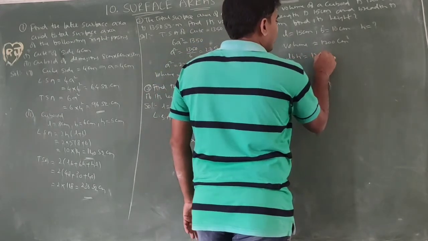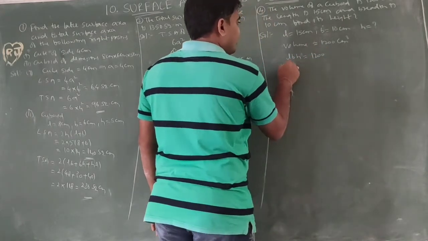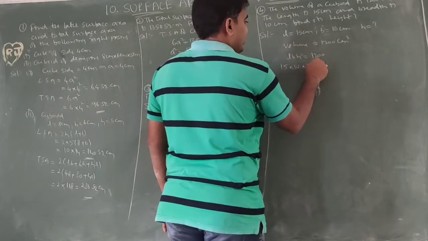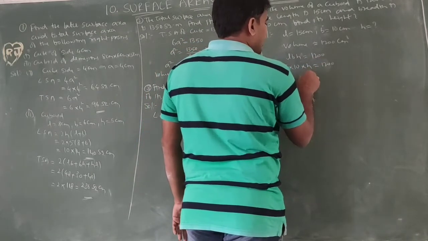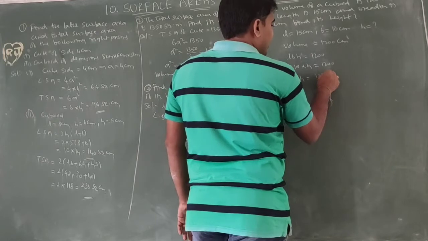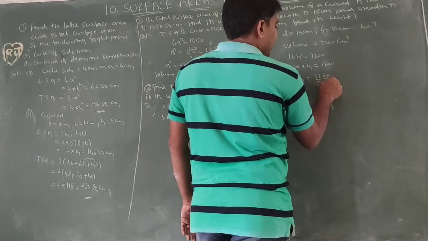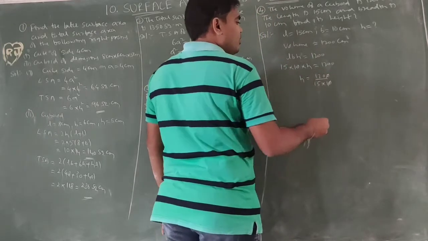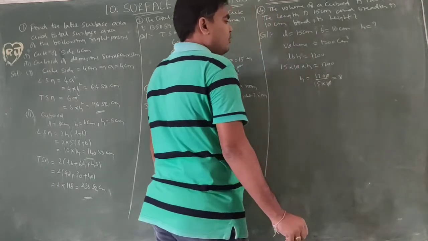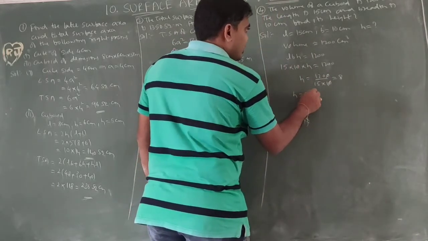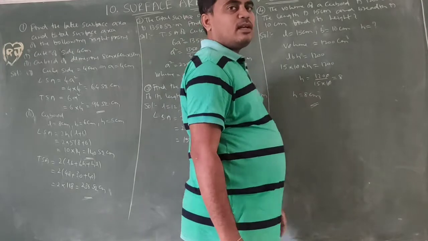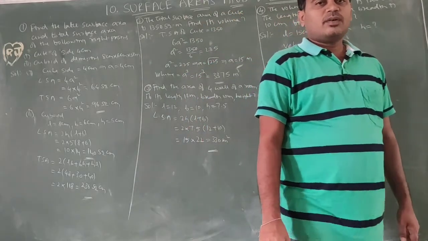LBH equal to 1200. H equal to 1200 by 15 into 10. One of the zero cancel. 15 into 8, 120. H equal to 8 centimeters. So this is the required solution. Okay. Next question.